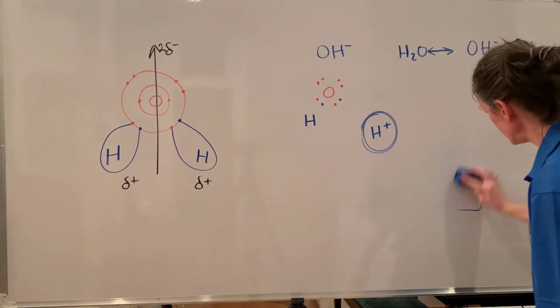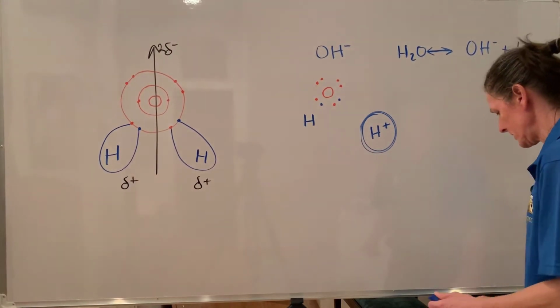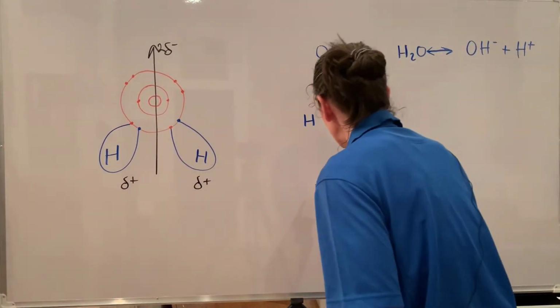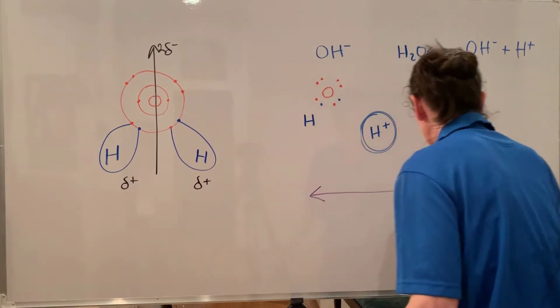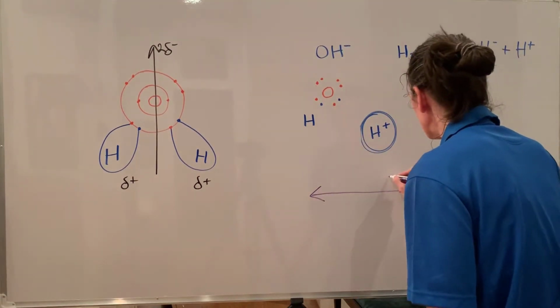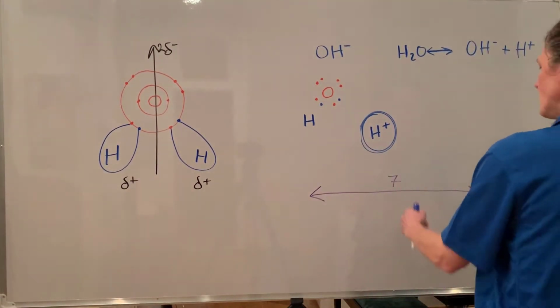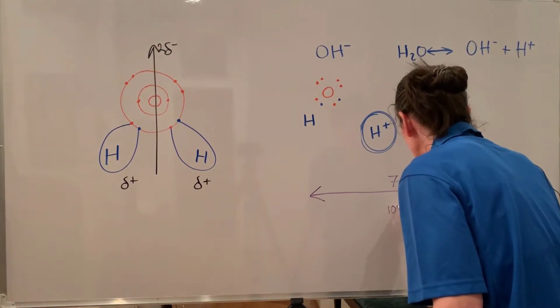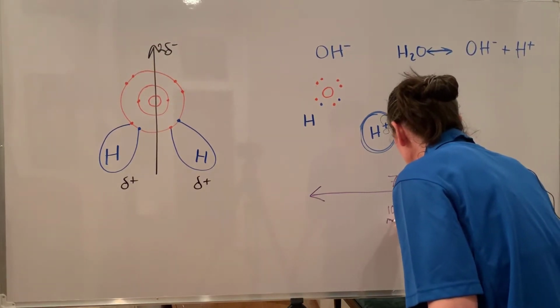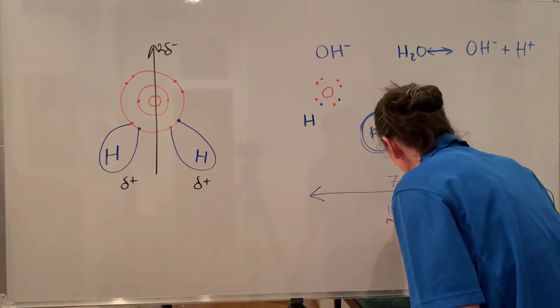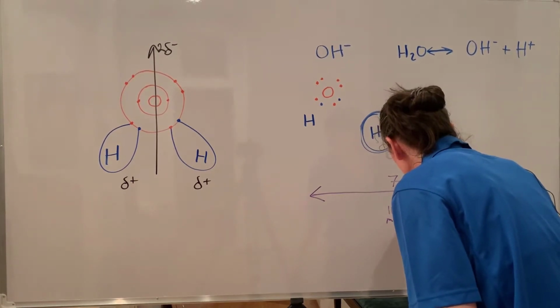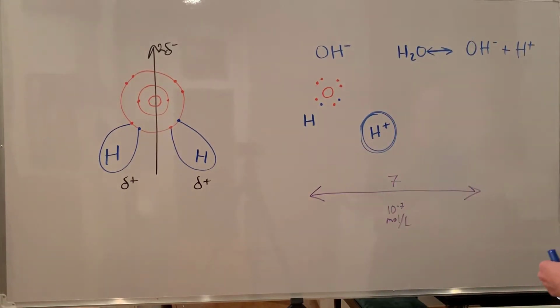Now when we look at the pH scale, we will see that 7 is neutral. And 7 corresponds to 10 to the negative 7 mole of hydrogen ion per liter of water.